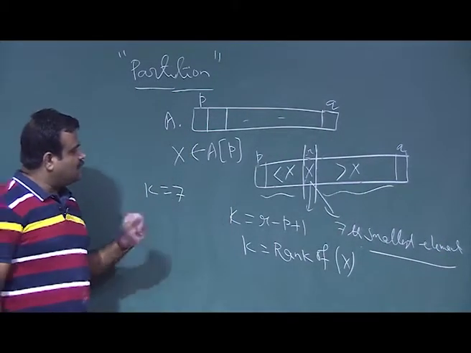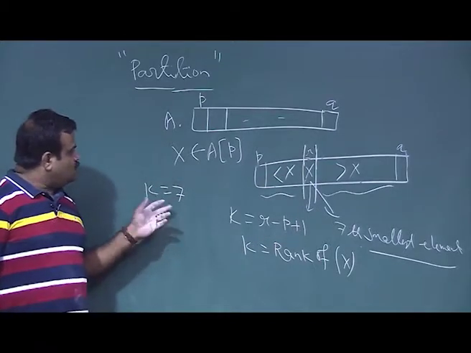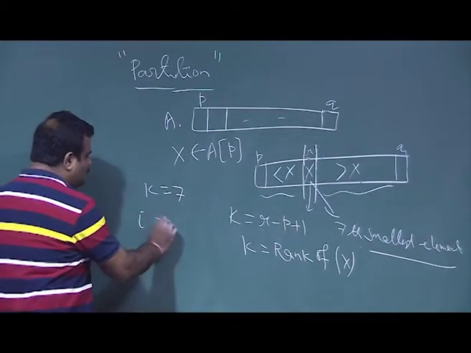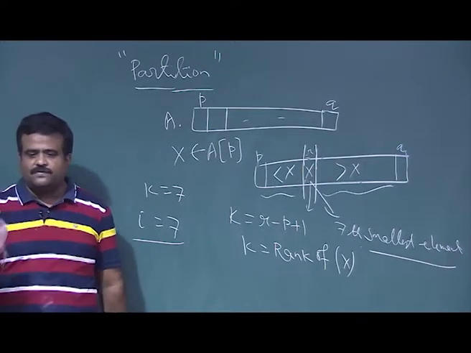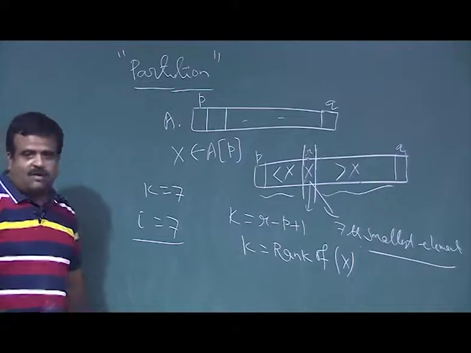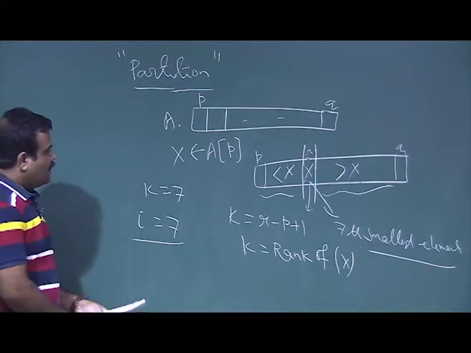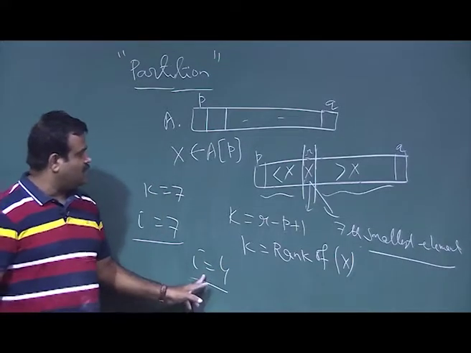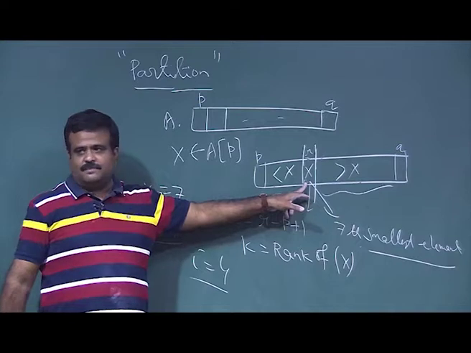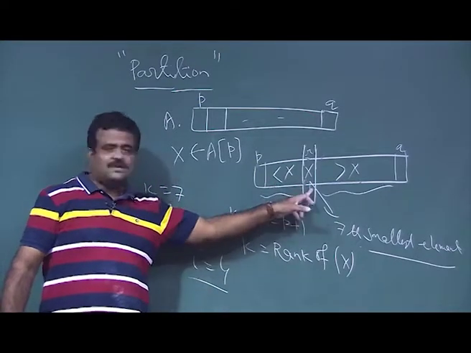Now suppose we are looking for i equal to 7, the 7th smallest element, then we got it, we stop straight away and are happy. Now suppose we are not that lucky, and we are looking for i equal to 4, the 4th smallest element. We know this is the 7th smallest element.